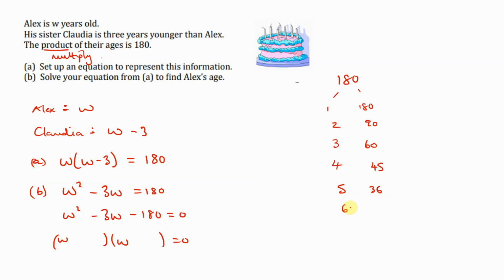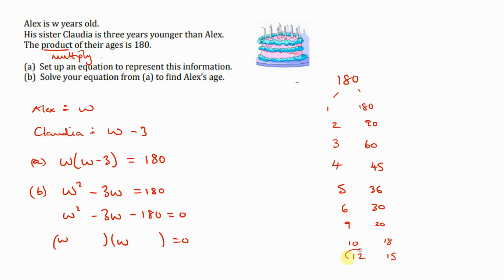Could we have 6? 6 and 30, I can see that one pretty easily. 7, no. 8, no. 9, yeah. 10, yeah. 12, I know 11's not going to go in.